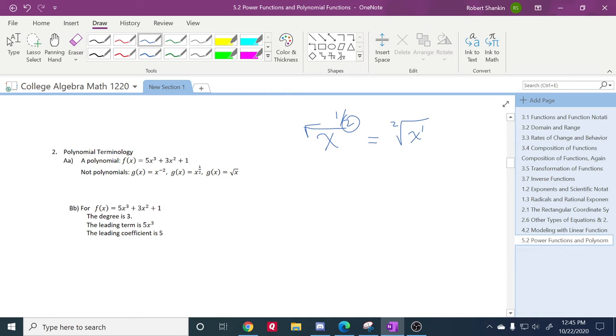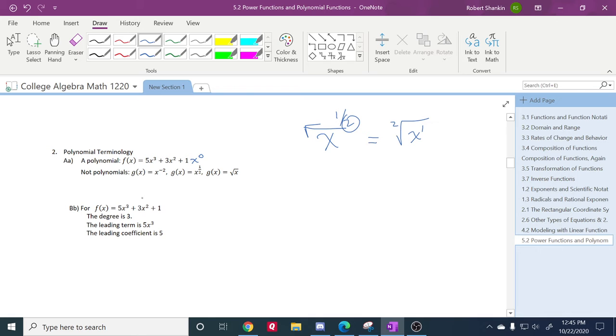To be polynomial functions of a single variable, you have to have whole number exponents. Sometimes we even say that this 1 is the coefficient of this term, because anything to the 0 is 1, so this has an x to the 0th term.